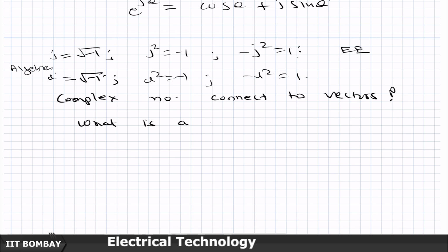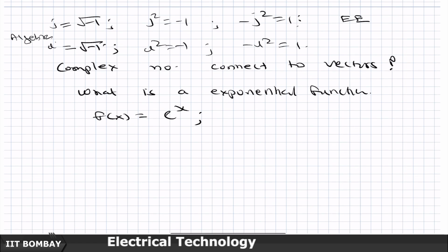what is an exponential function. By and large we know the exponential function is e to the power x, or in general a to the power x, where a is a constant.